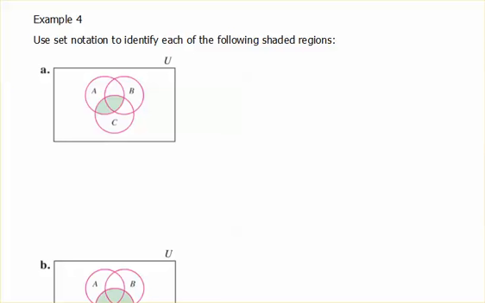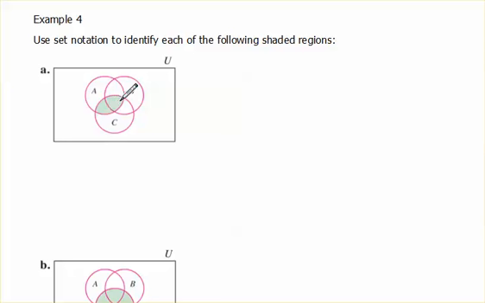Okay, so hopefully you've got something, or at least you've spent some time thinking about it. But let's go ahead and see what we can come up with. All right, so first of all, they want us to use set notation to identify each of the following shaded regions. So we're looking at this region right in here being shaded.